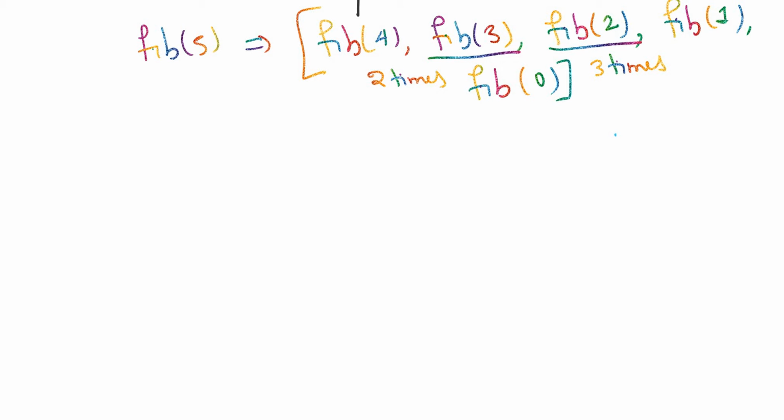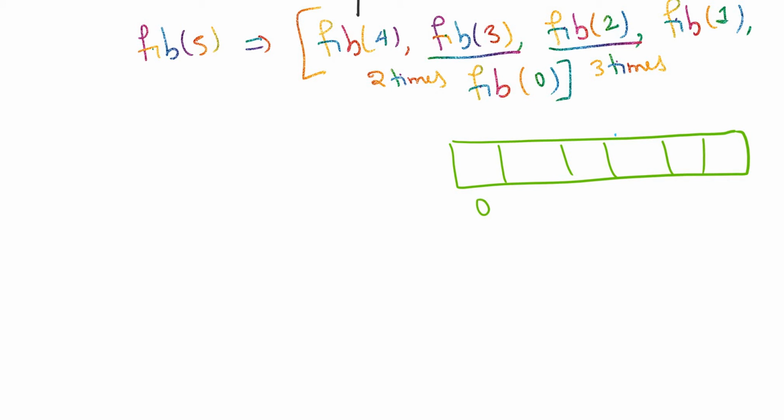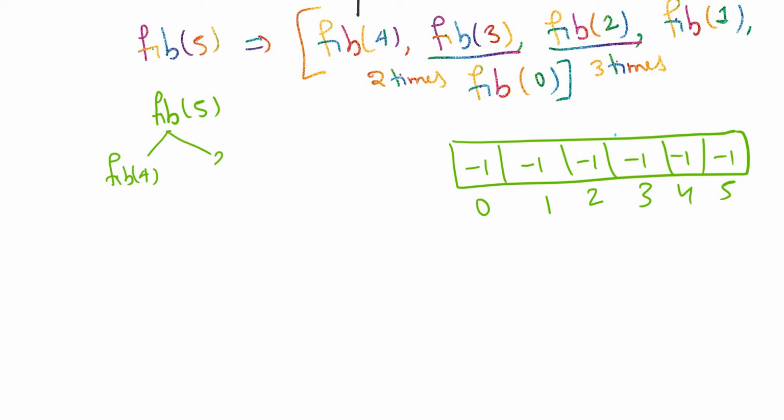Here I'm taking an array of size 6, indices 0, 1, 2, 3, 4, 5, and I'm initializing this array with -1, which says that no value is computed till now. The function is called for Fibonacci of 5. Fibonacci of 5 will call Fibonacci of 4 and Fibonacci of 3.